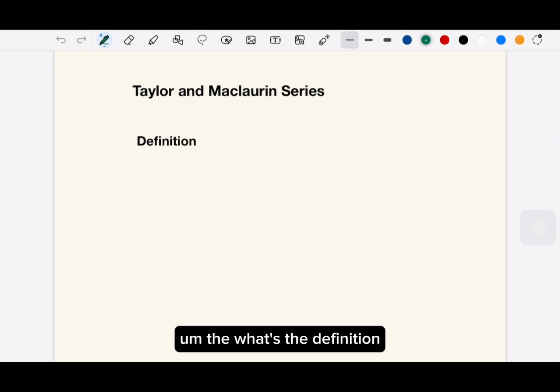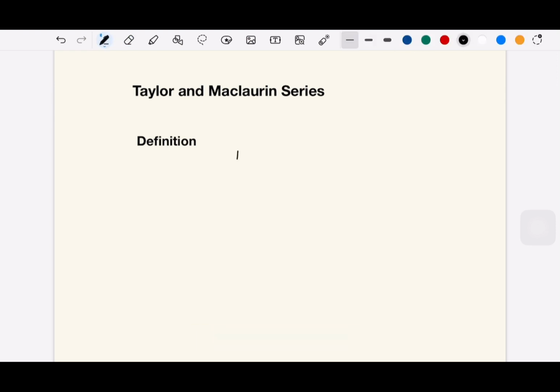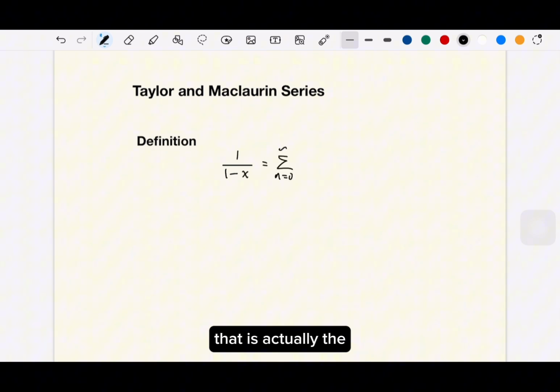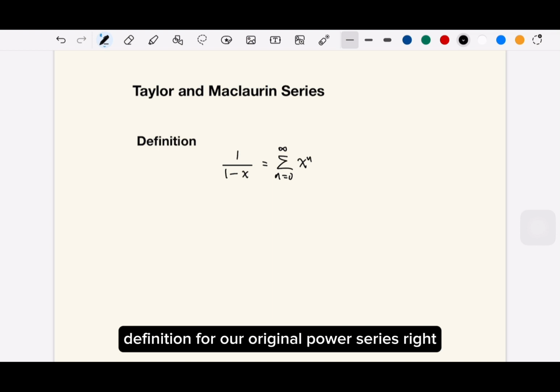the definition. Suppose that we have, for example, let me write here, 1 over 1 minus x. That is actually the definition for our original power series, right?